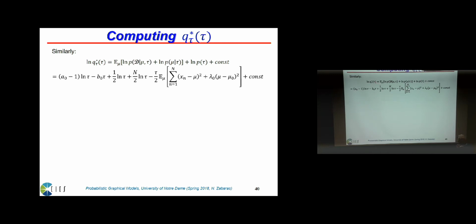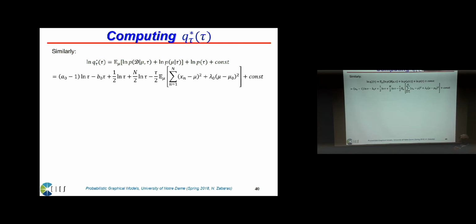So this term comes from the data likelihood, so obviously there will be an expectation with respect to mu. This comes from this. Where are the first two terms coming from? The prior P of tau, which is a gamma distribution.